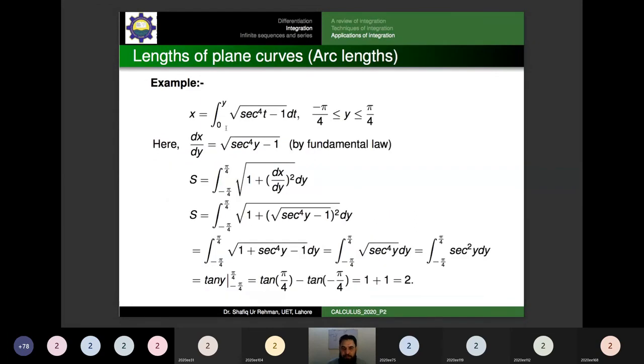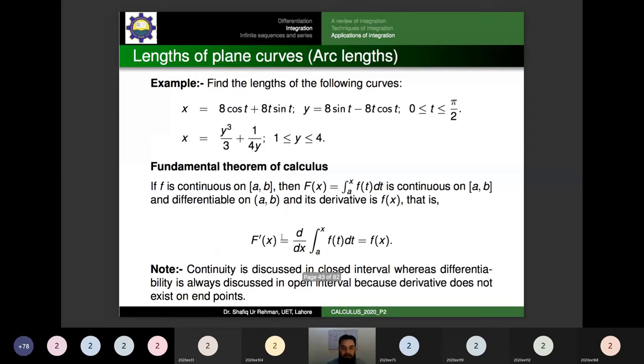But over here, x is going to be described as an integral. So what we do from here, by utilizing the fundamental theorem of calculus, f prime of x would be f of x by taking the derivative of this integral. Remember, it is all based upon the limit.